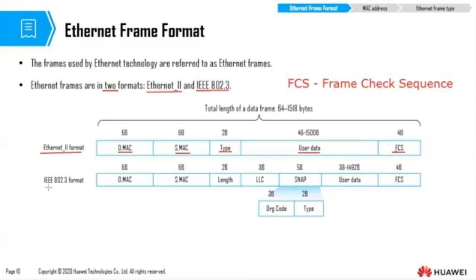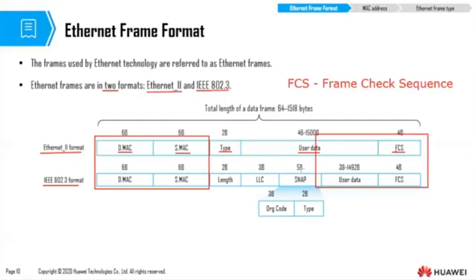Now, the IEEE 802.3 Ethernet frame is quite similar up to here, and also similar here, with user data and frame check sequence. But it adds a few other fields, like the length, which specifies the length of the Ethernet header.